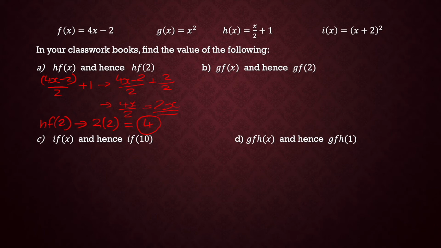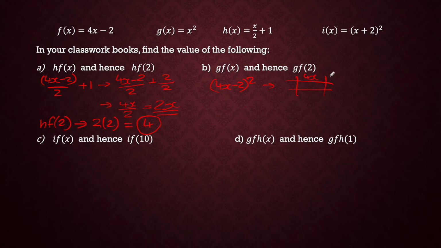Okay, right, the second one, gf of x. I start writing g of x, but then rather than writing an x down, I'm going to write f of x in instead. So g of x is x squared. Don't want to write x. I'm going to write 4x minus 2 in instead, and that then becomes squared. Expand, use the grid if we need to.